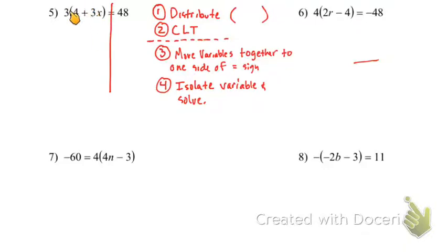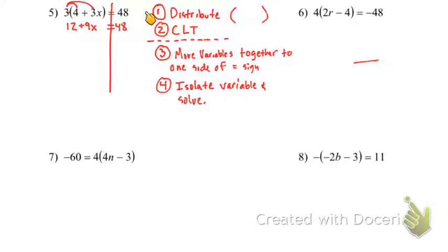So if you remember from Im2, distributing means taking this outside number, in this case it's 3. 3 means multiplication because it's written right next to the parentheses, and we are going to multiply it in to everything in the parentheses. So that's the distributive property. So 3 times 4 gives me 12, and 3 times 3x gives me positive 9x. Okay, equals 48.